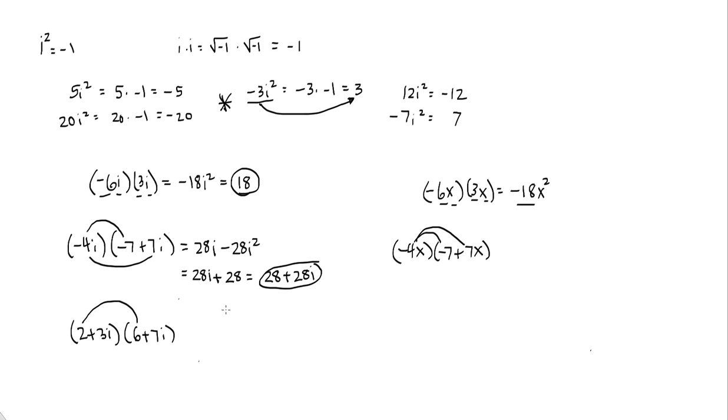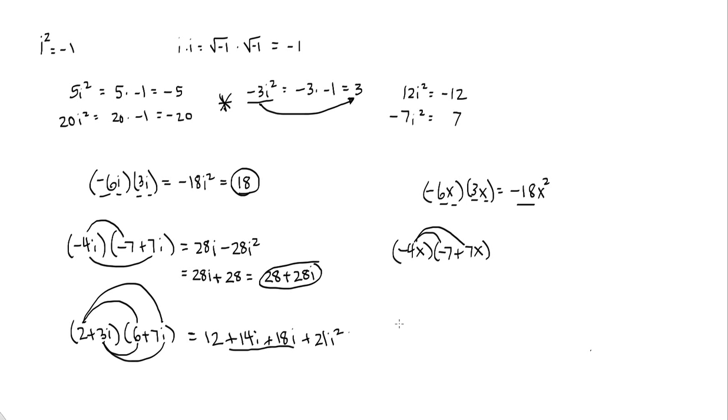So we're going to do 2 times 6 is 12. 2 times 7i would be 14i. On the inside, we have 3i times 6. That's 18i. And then 3i times 7i would be 21i squared, wouldn't it?